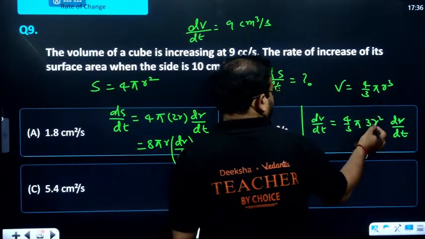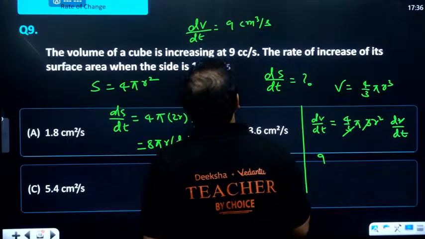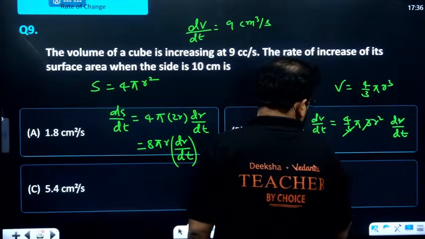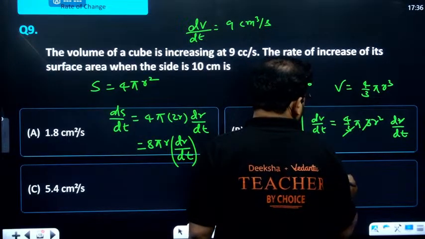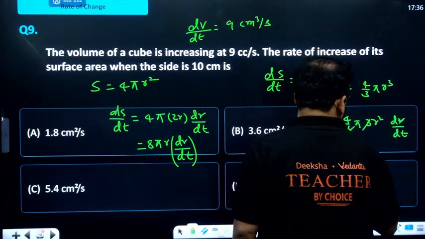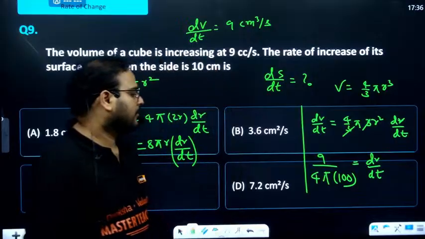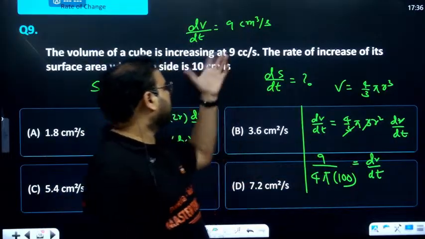So 3 and 3 cancel. This is given as 9. So 9 by 4 pi r square, and what is r? 10. So 100. That's the value for dr by dt.